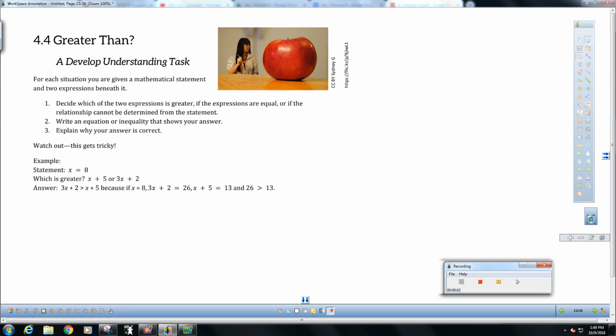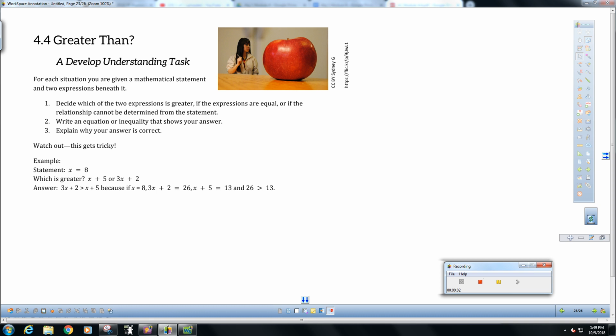Okay, so let's see what this says. For each situation, you are given a mathematical statement and two expressions. Decide which of the two expressions is greater, if they're equal, or if you cannot determine that. Write an equation or an inequality that shows your answer. Explain why it's correct.